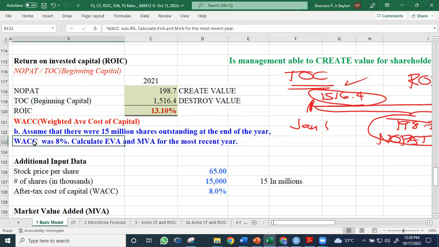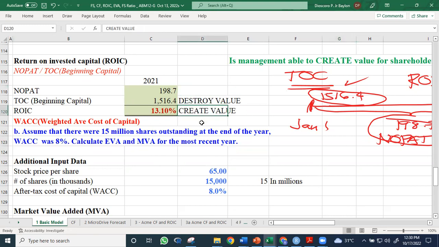Given that the weighted average cost of capital was 8%, and then your ROIC is 13.10%. So, ang answer dito, management was able to create value.